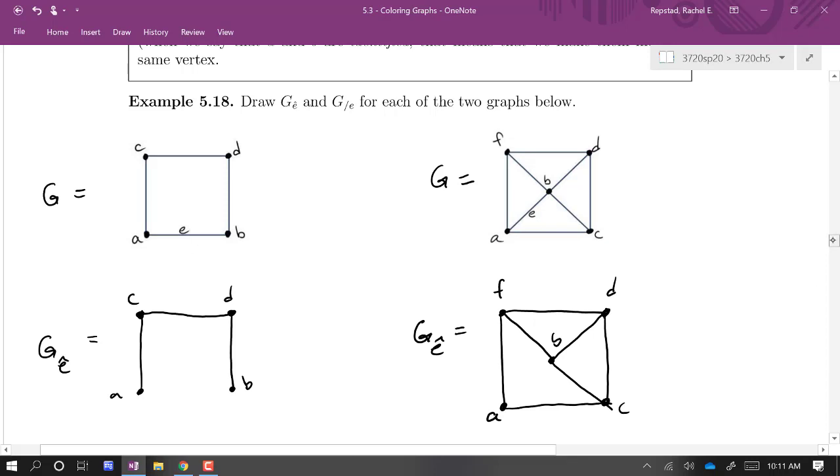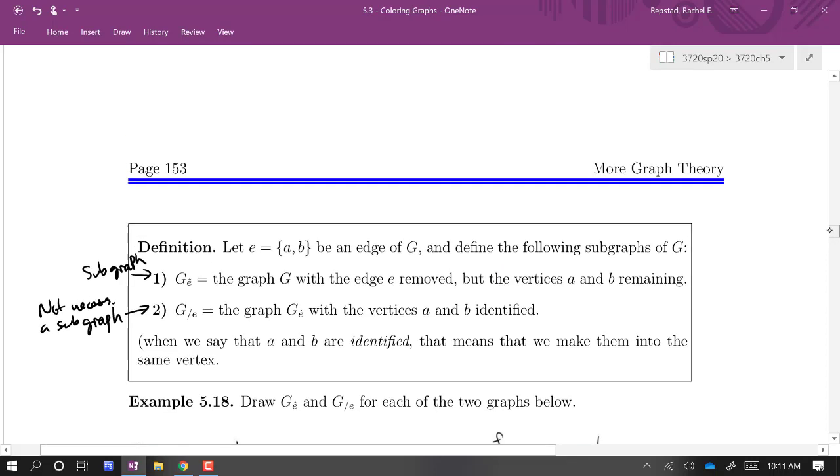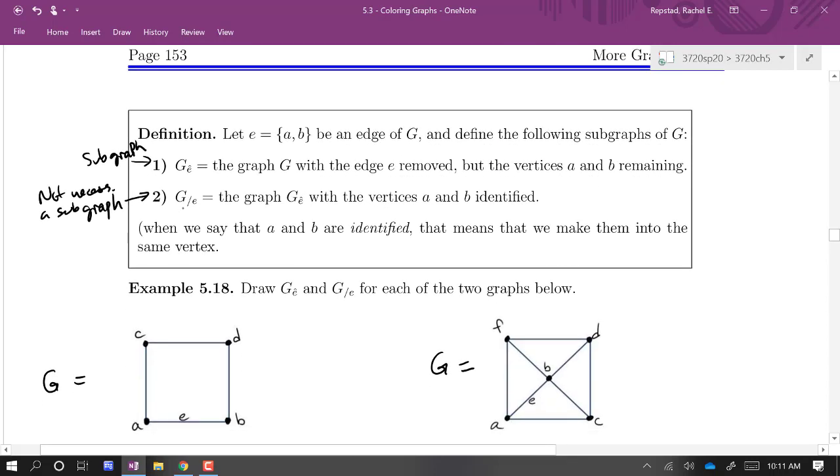Now the other graph, which is not necessarily a subgraph, is G mod E. So when we mod out by an edge, here's what we're doing. We're removing the edge, and then the vertices on either side, we say that they are identified, meaning we just squish them into one vertex.